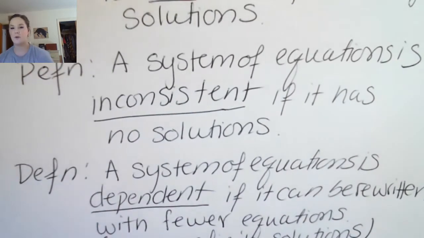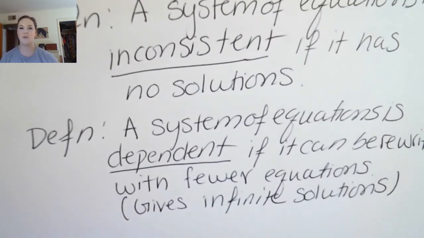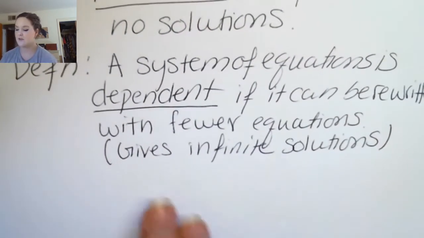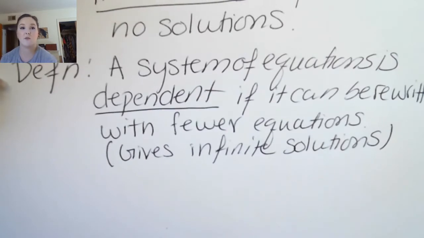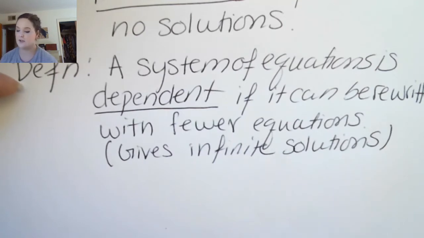Okay, so a system of equations is called dependent if you could have rewritten it with fewer equations. So for example, if you have a system of two equations and one is just a multiple of the other, that's something that would be called dependent. And this is going to give you infinite solutions. So you should have seen examples where you get infinite solutions. Those are all examples of dependent systems.